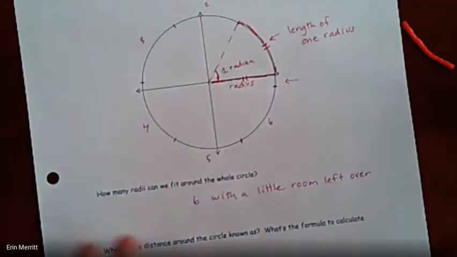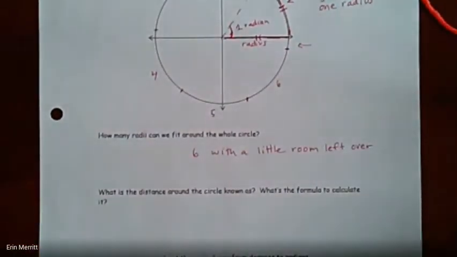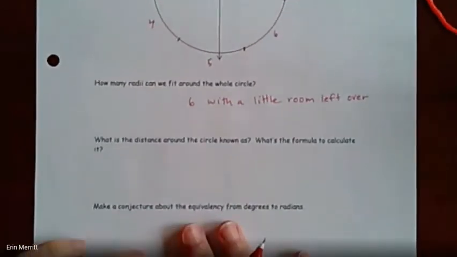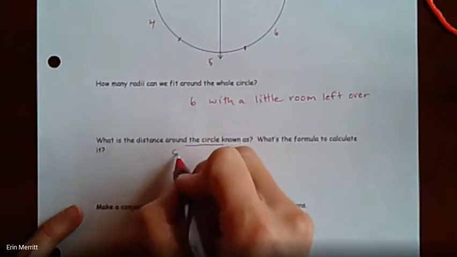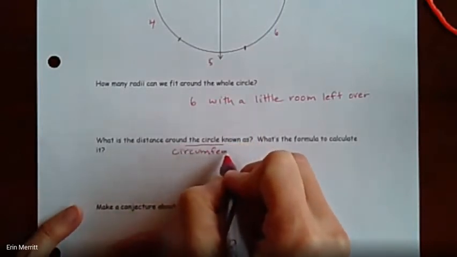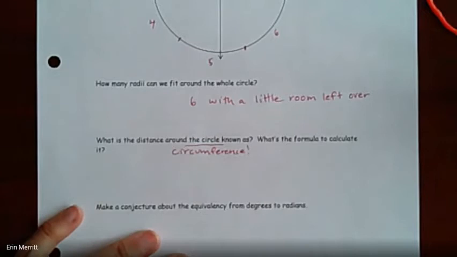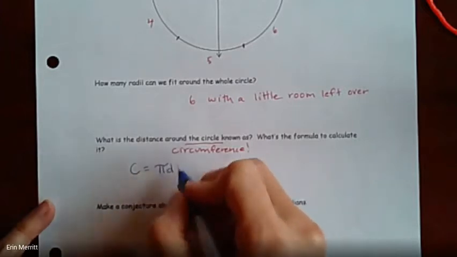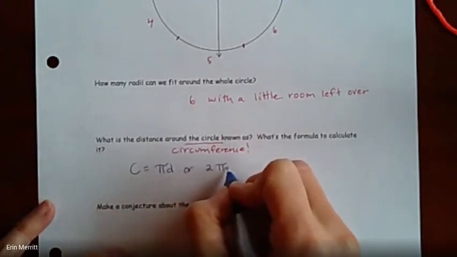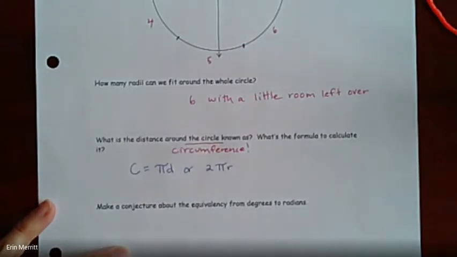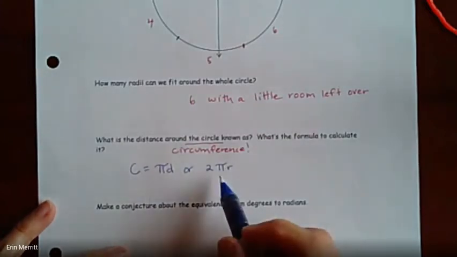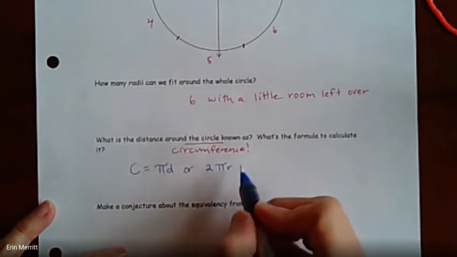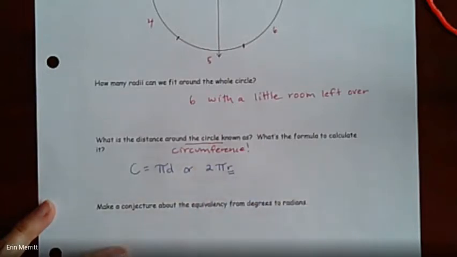So when the next question says, what's the distance around the circle known as? Well, that's just the circumference. And when you think back to geometry, I'm going to switch back to my blue pen here. Circumference can be written 2 ways. You could write it as pi d, or you could write it as 2 pi r. And so if you think about what that means, the formula that you've always learned was trying to tell you how many times the radius can fit around the circle.